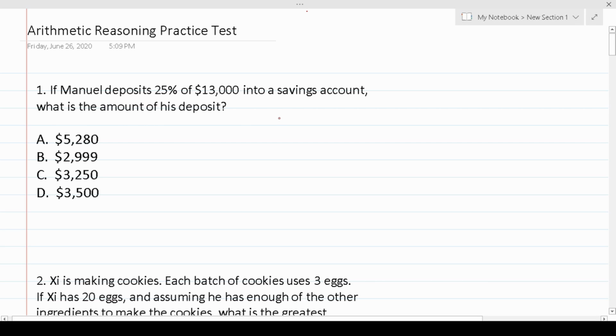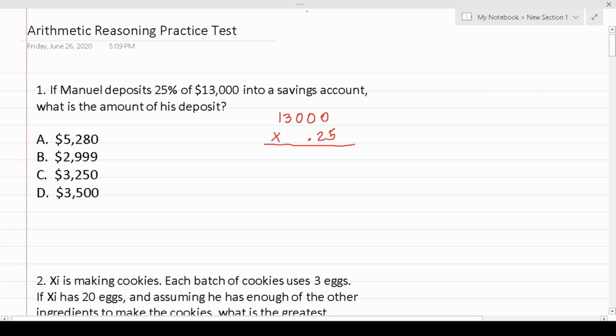So that looks like this. I'm going to take 13,000 and multiply it by 25%. To do that, we write 25% in decimal form, which is 0.25. And as you can see, we're now doing multiplication involving a whole number, notably 13,000, and a decimal, notably 0.25.